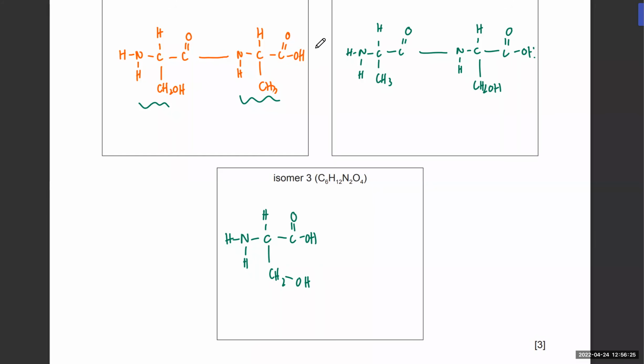I'll draw this molecule and place the carboxylic acid on this side. That carbon has an H and a CH3, and it's got an NH2 on one side. The OH and H would be lost and they would form an ester link.